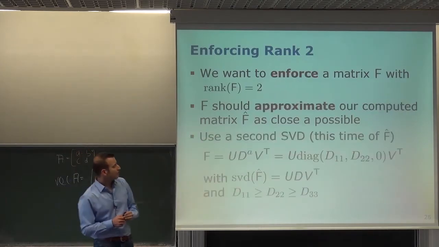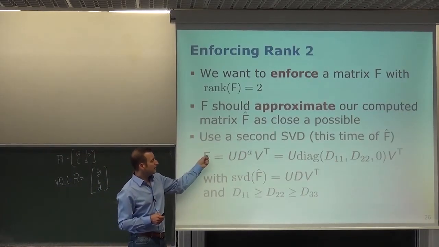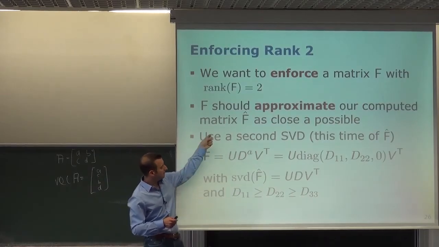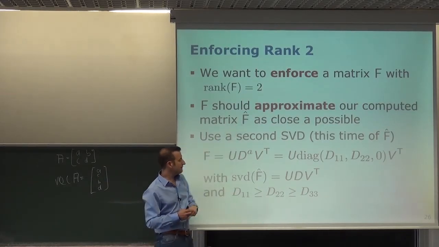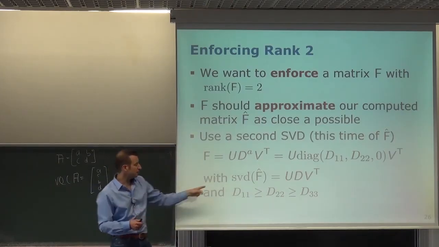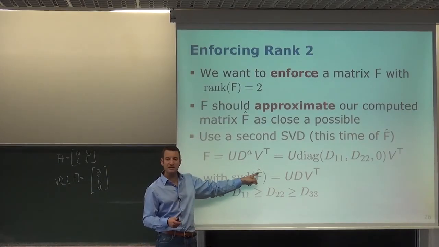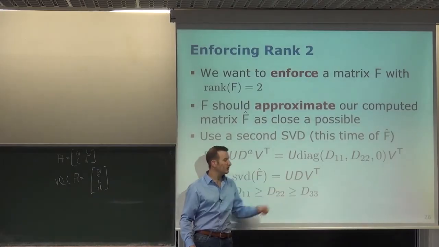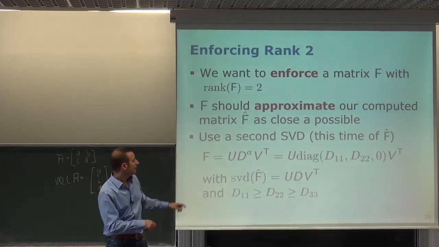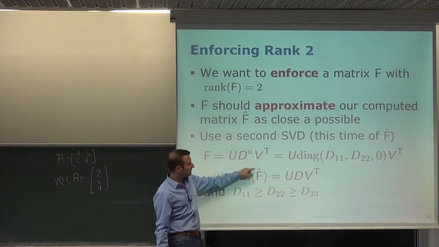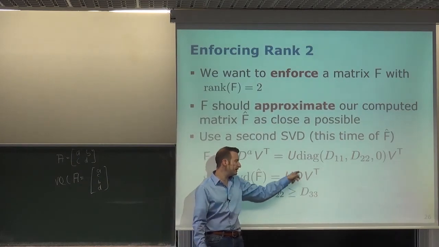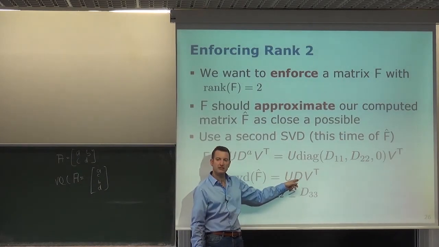So what we do is simply take our matrix F hat and compute an SVD of F hat, with U, D, and V transposed. Then we take those elements and modify D by setting the smallest singular value to 0.